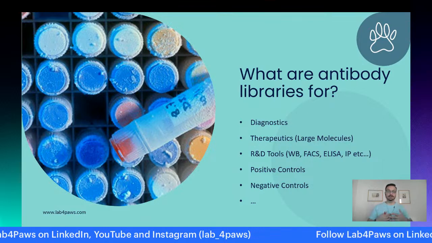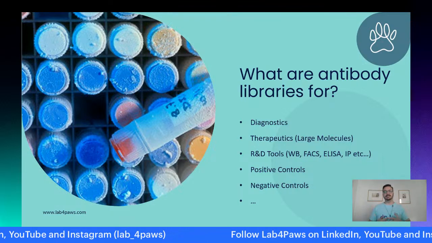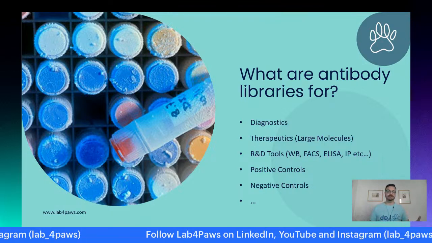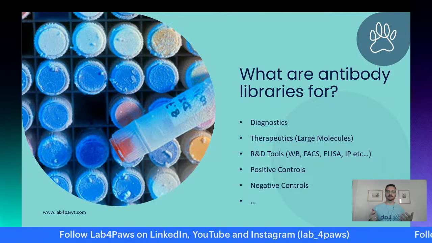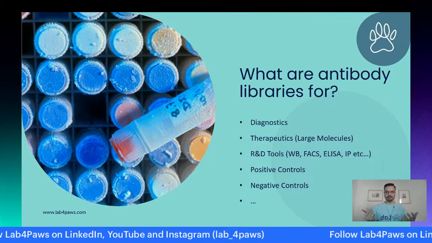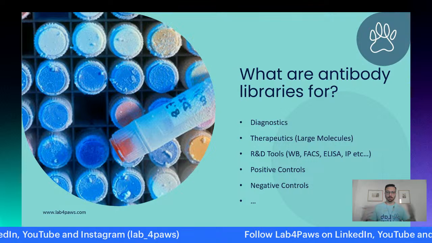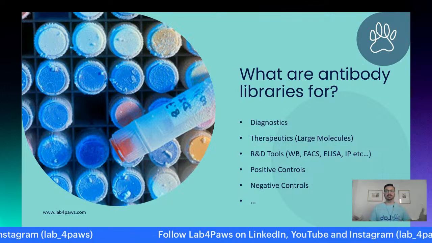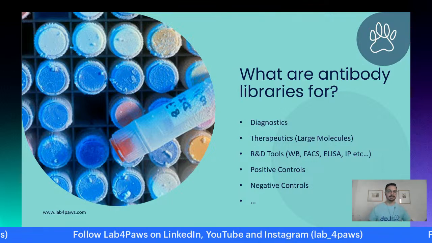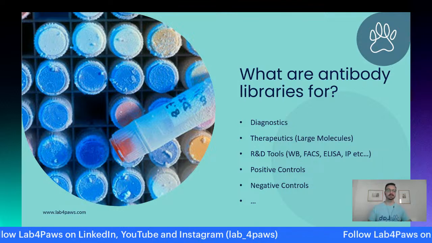But in general, an antibody library is designed to maximize diversity so that the researcher already has quite a wide range of antibodies without having to produce them themselves. They just have to use them for the screenings.